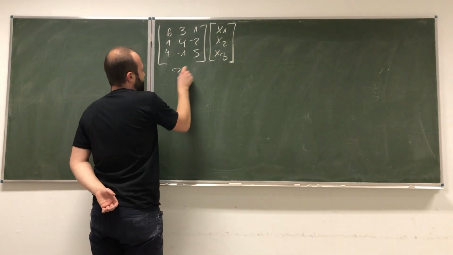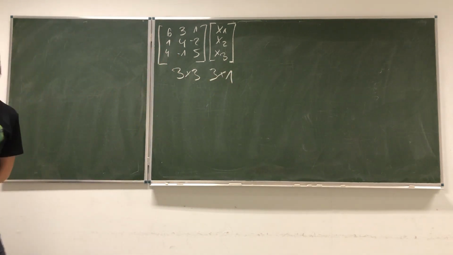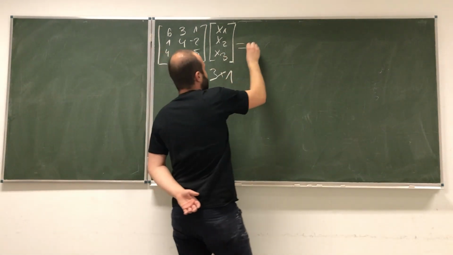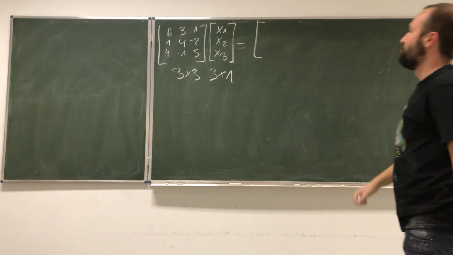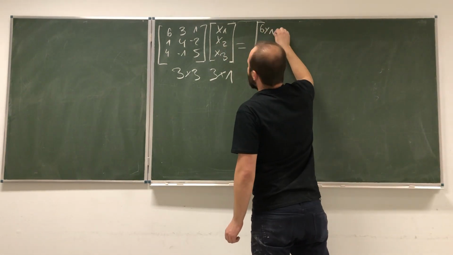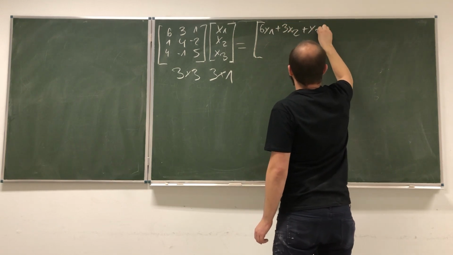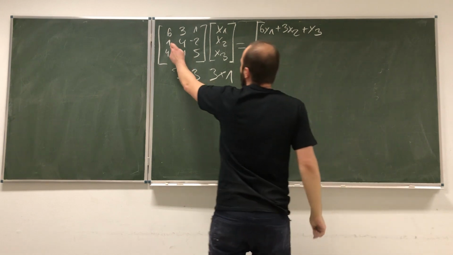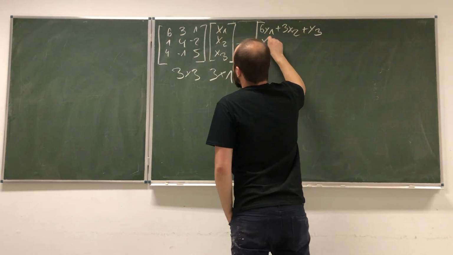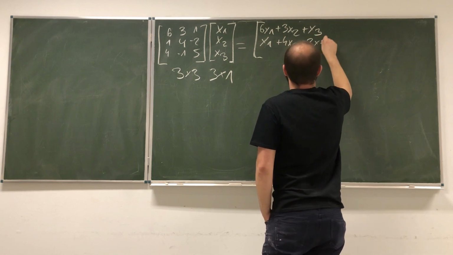Well, this is 3 by 3. This is 3 by 1. Well, I definitely can. So why not, right? Let me multiply this now, and we've got 6 times x1 plus 3 times x2 plus x3, right? Now, 1 times x1 plus 4x2 minus 2x3.